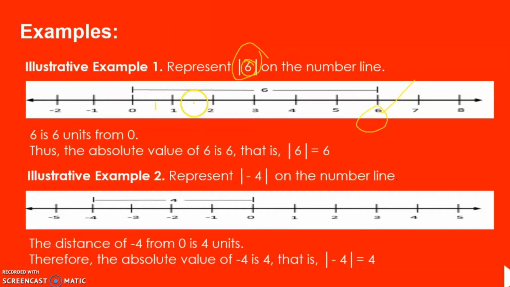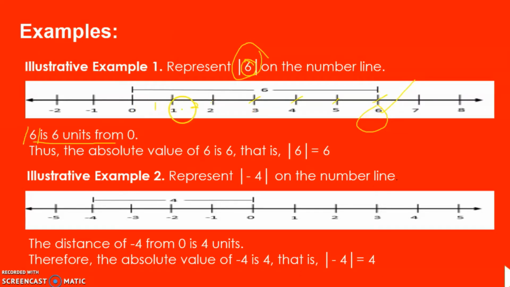There is 1, 2, 3, 4, 5, and 6. So the distance covered from 0 to 6, or the absolute value of 6, is 6 units distance. The absolute value of 6 is 6 units from 0.